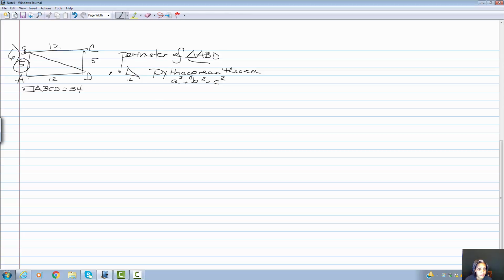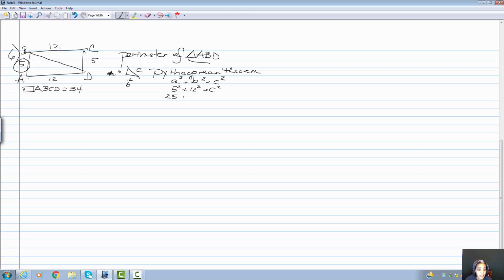So let's call this side a, this side b, so this is c. That means that for our triangle, 5 squared plus 12 squared is equal to c squared.